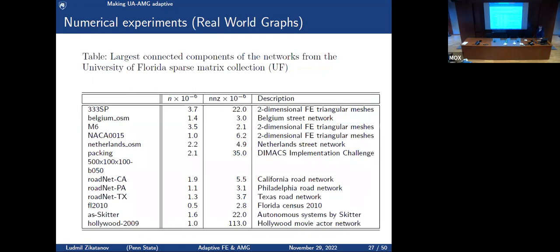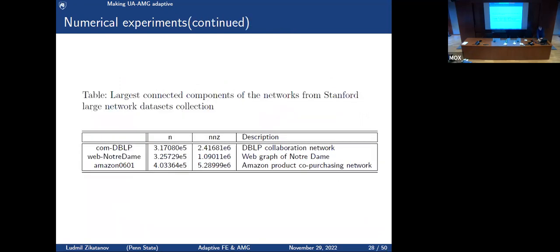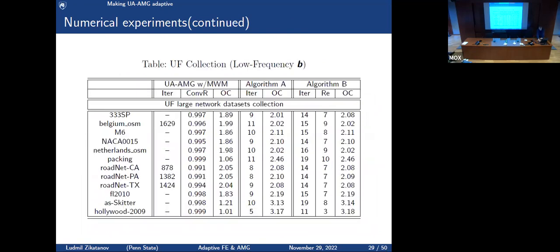And here are examples from the sparse matrix collection that I have. Every matrix corresponds to a graph. And we have like 22 million and 100 million and so on. And some other ones from the Stanford data set. So one of the columns shows the convergence rate.